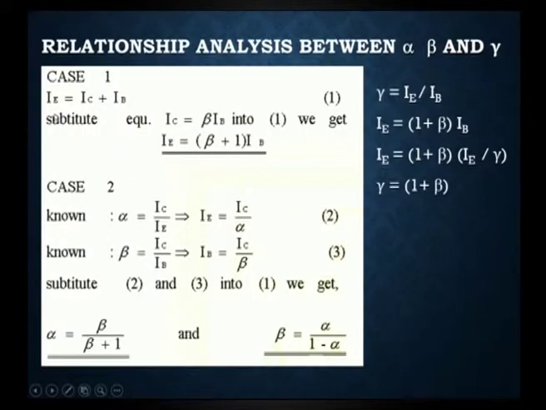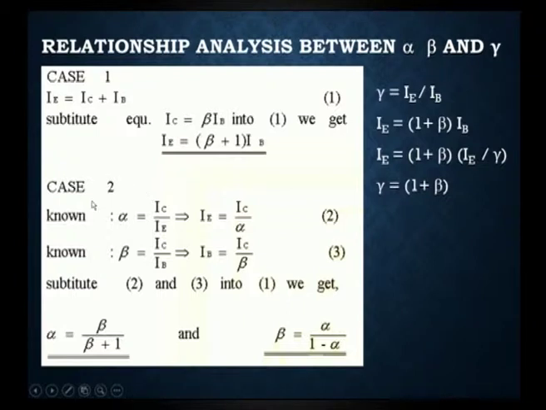We know that IE is equal to the sum of collector current and base current, and also IC is equal to beta into IB. We can substitute this value here, so this equation is rewritten as IE is equal to (beta plus 1) into IB. So, keep this equation aside.